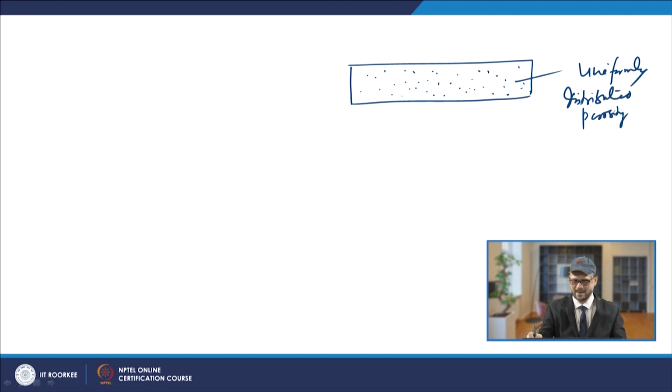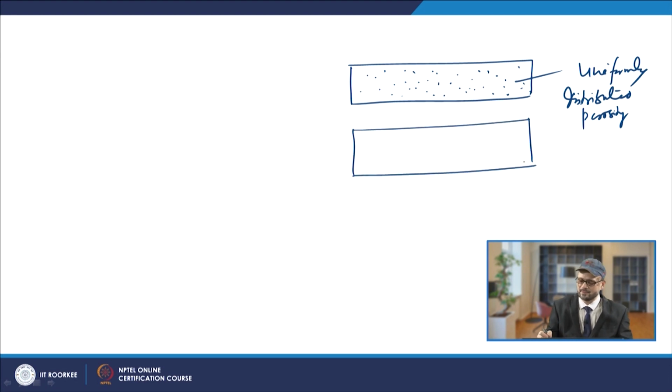Then you may have porosities of different types. You may have the cluster porosity, where you will have the porosities in the form of clusters. So, this is the example of cluster porosity.